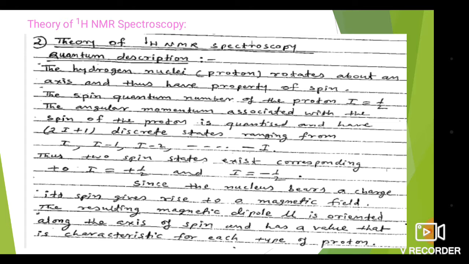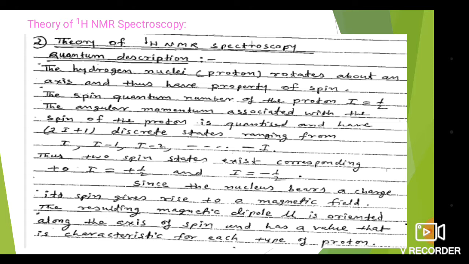The spin quantum number of the proton, I, is equal to half, that is plus or minus half. The angular momentum associated with the spin of the proton is quantized and has 2I plus 1 discrete states, ranging from I minus 1, I minus 2 to I.